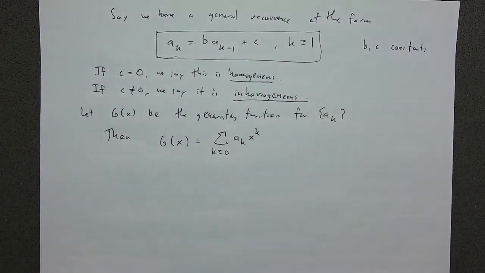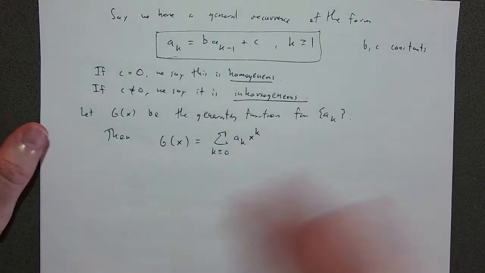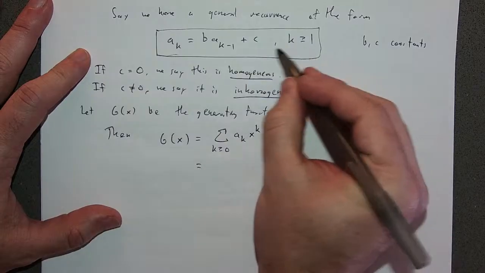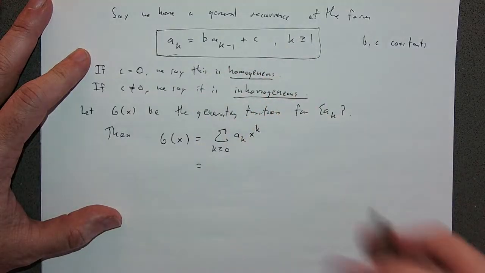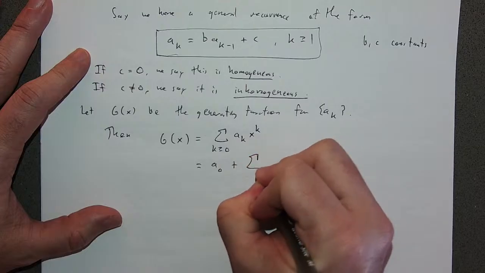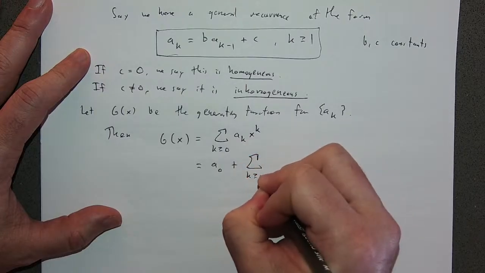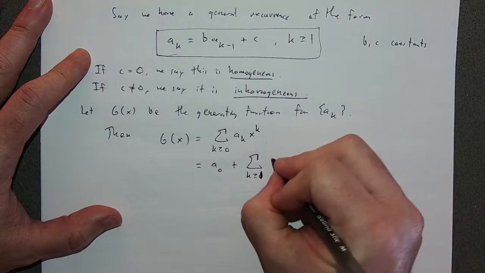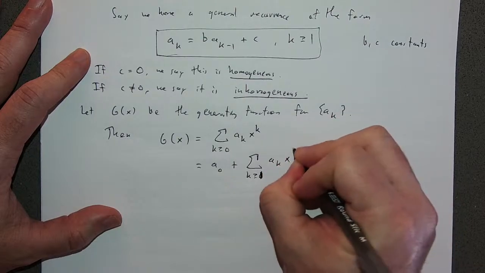You could pull off every term before that and separate it in the sum. It's a finite number of terms like that. Here, I'm only going to pull off the first one because I have this recurrence relation for k bigger than or equal to 1. So this is a naught plus the sum k bigger than or equal to 1 here, a sub k x to the k.